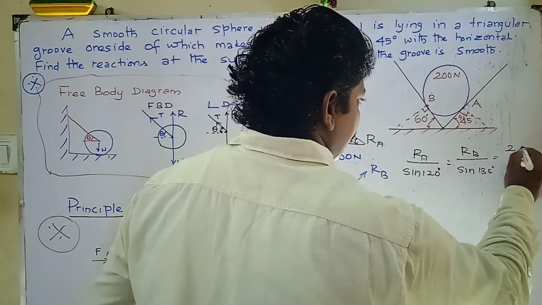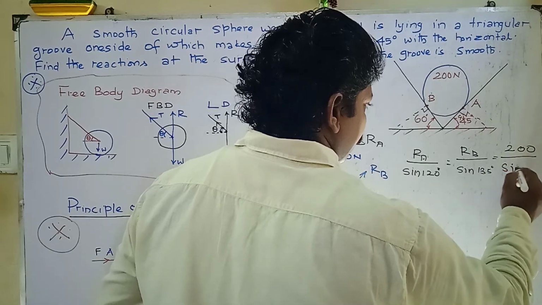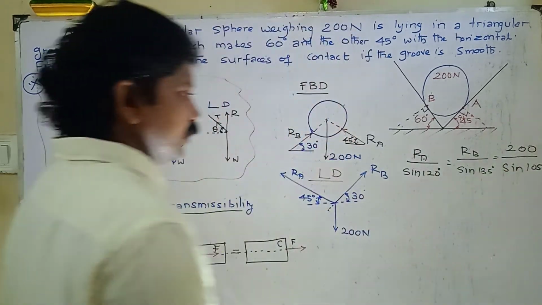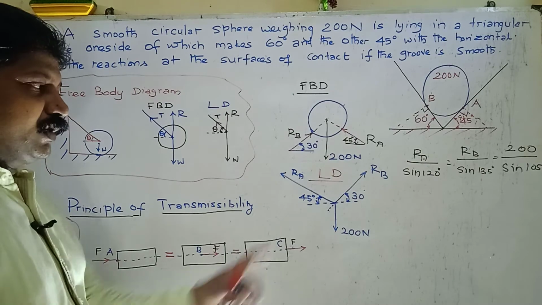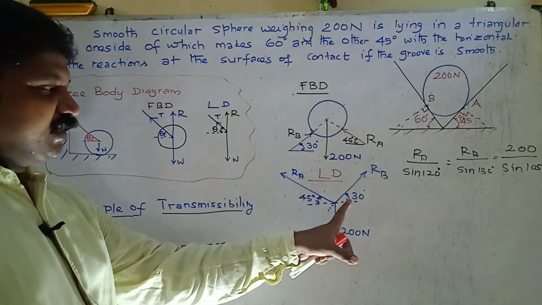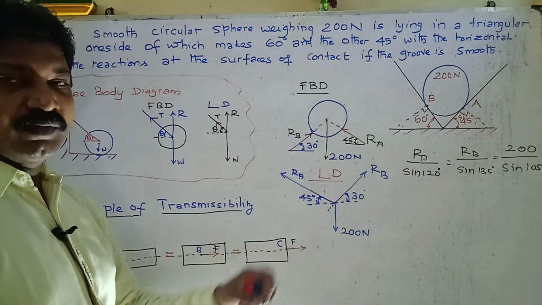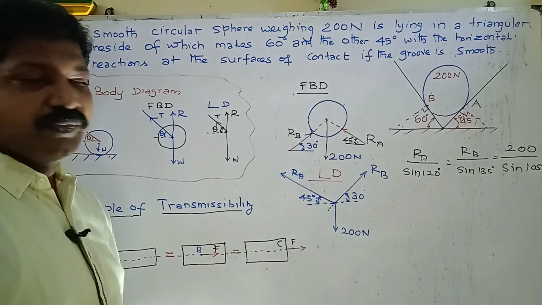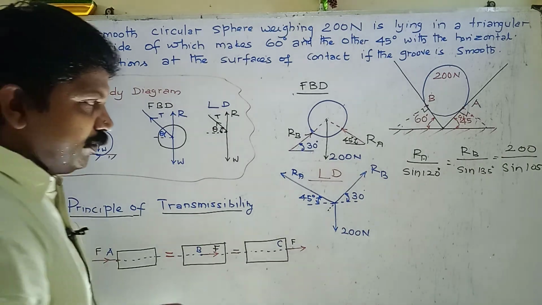Total 180 degree, 180 minus 75, where 30 plus 45 is 75, so 105.